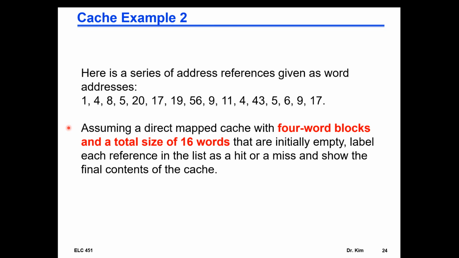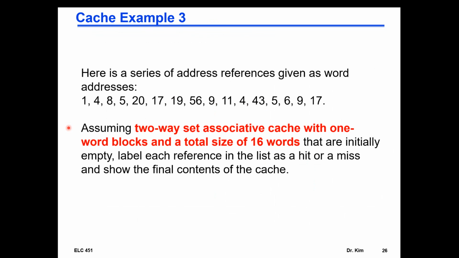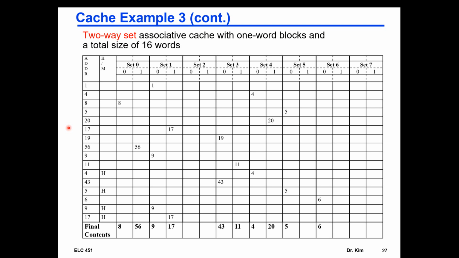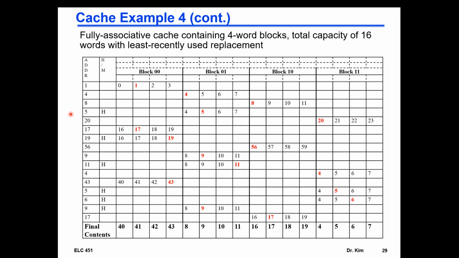There is a second example with the table. And there is a third example with the table. So different sets. So this is A-way set associative. And there is a fourth example.